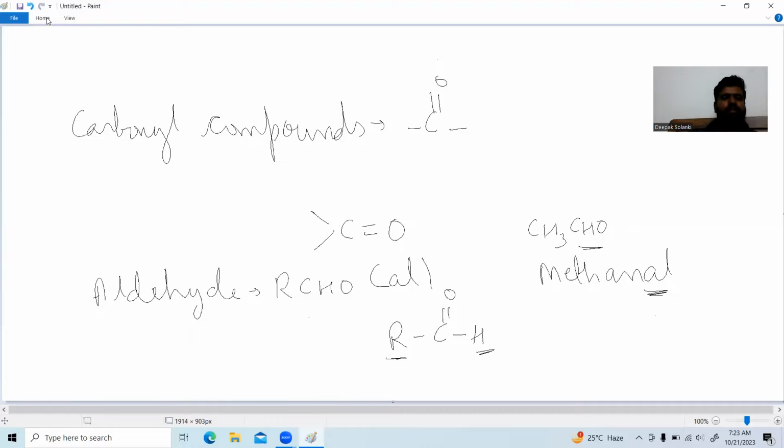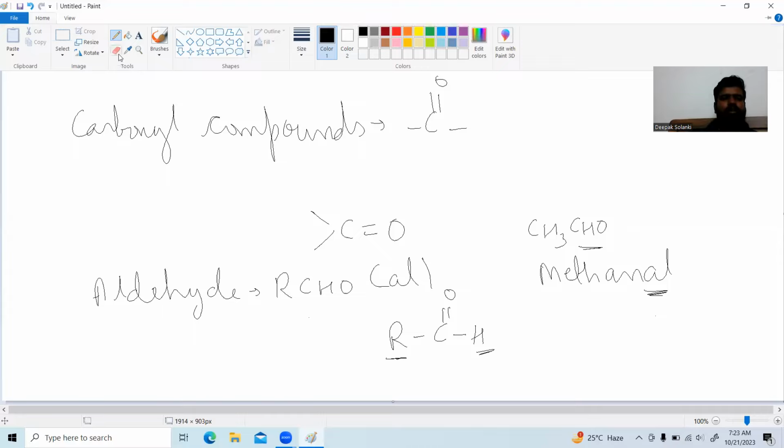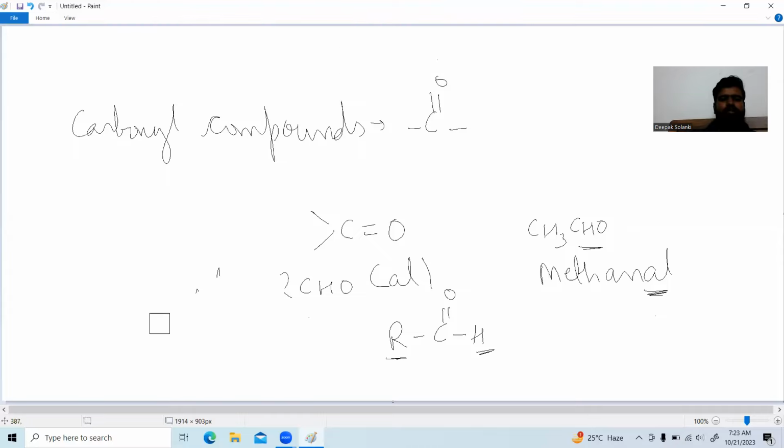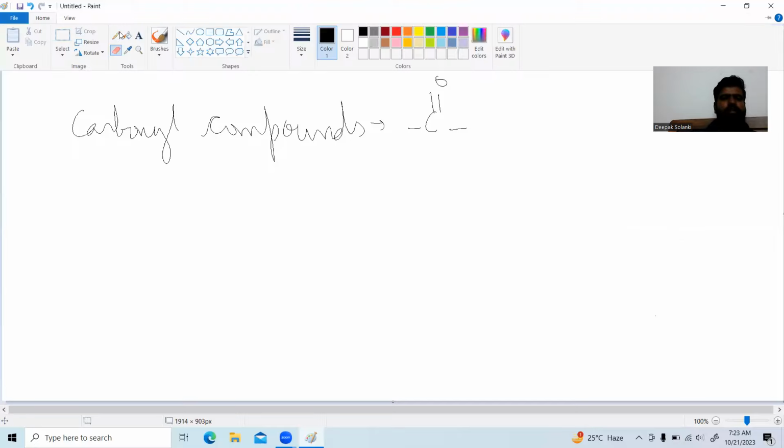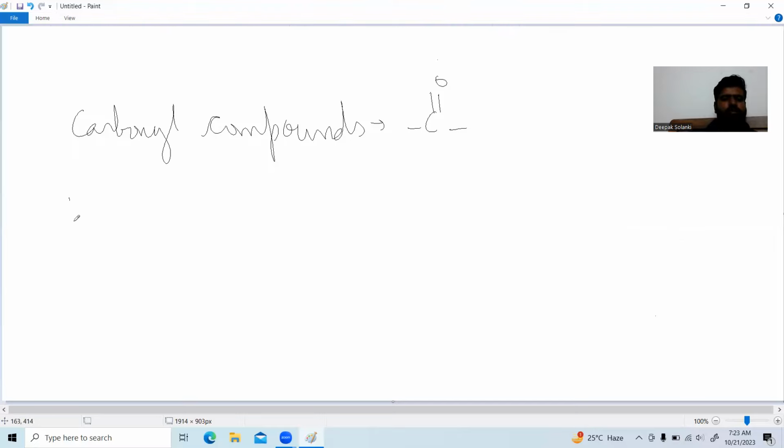These are the carbonyl compound aldehyde, and let me tell you one more, that is ketone. There is not much difference between aldehyde and ketone. We can take it like this, ketone. Suffix will be one. Okay, suffix will be one.